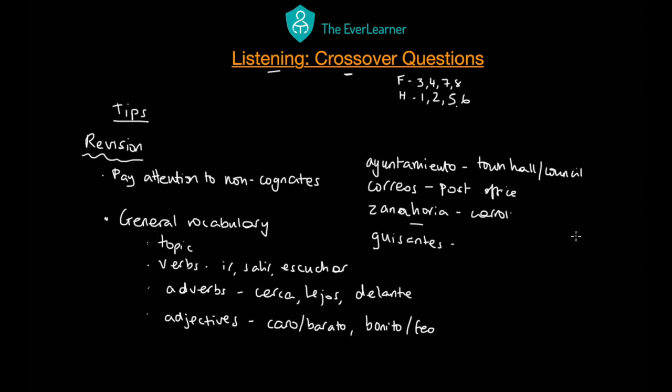As much as you can, learn your adjectives as pairs. Why? Because in the crossover questions, as in the higher questions, if something is expensive and the option in English is expensive, in Spanish you may not hear caro, you may hear no es barato. So you may hear the opposite to give you the answer that you need. That's why it's important that you revise them as pairs.